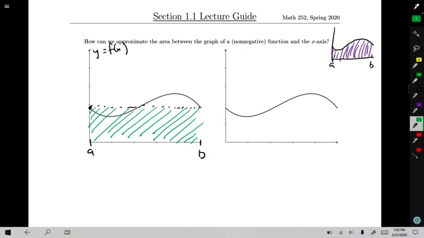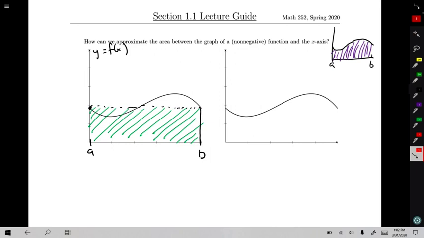Cool, so here is some rectangle that I've drawn, and the idea here is that this green area should be pretty close to the purple area that we want to compute. We don't exactly know what the purple area is, and we don't know exactly how the green area relates to the purple area.